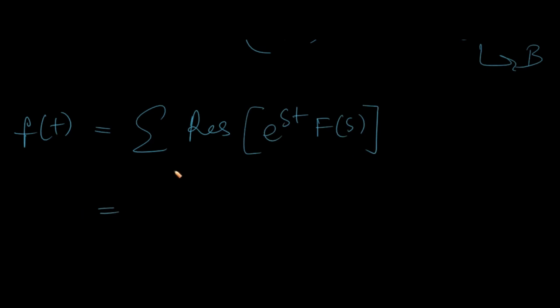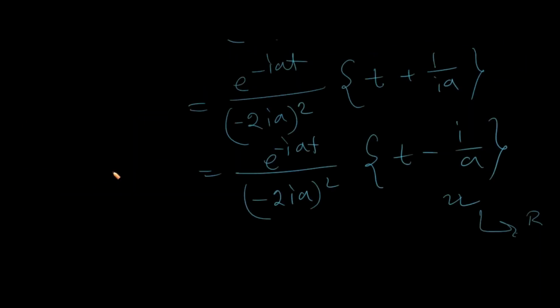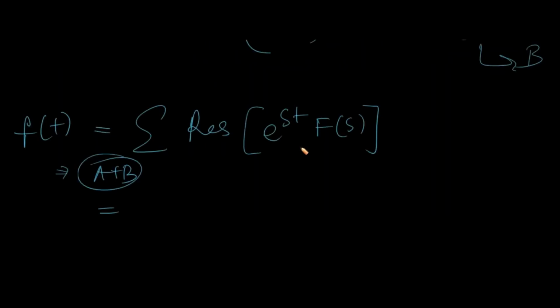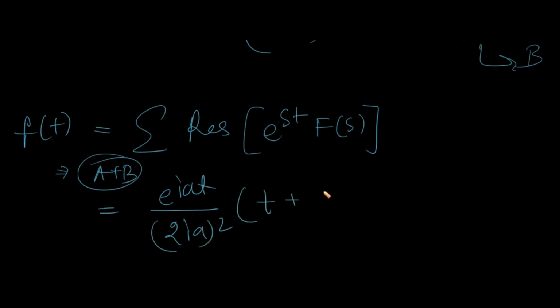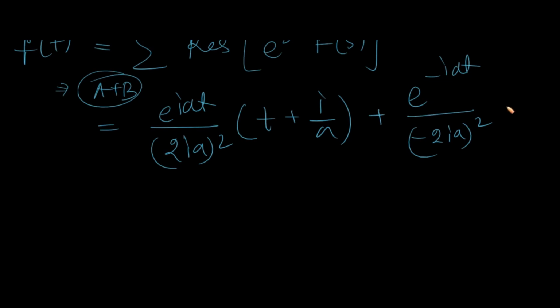And we just add the residues that we found in equations A and B. So this was e to the power iat divided by (2ia) whole squared times (t plus ia), and then plus, since this is a summation of the residues, the second residue was e to the power negative iat divided by (minus 2ia) whole squared times (t minus ia), right?